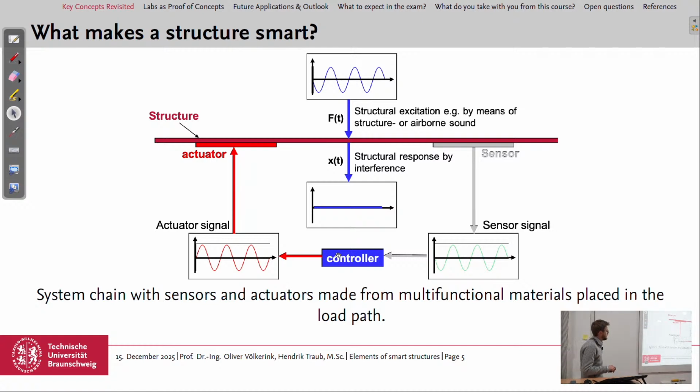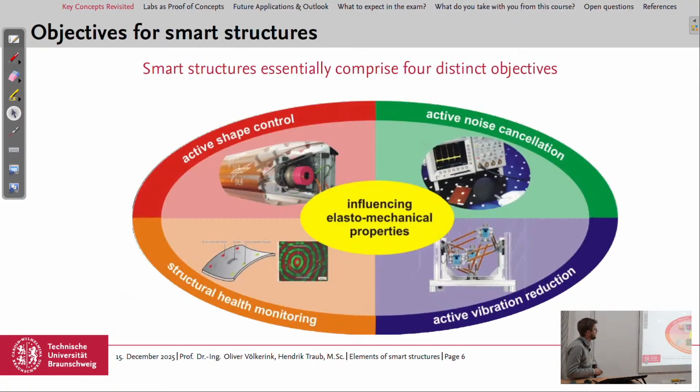What is important is that the sensors and the actuators are made from multifunctional materials and placed really in the load path, so they are multifunctional, have sensing and actuating functions, and are also load-bearing.